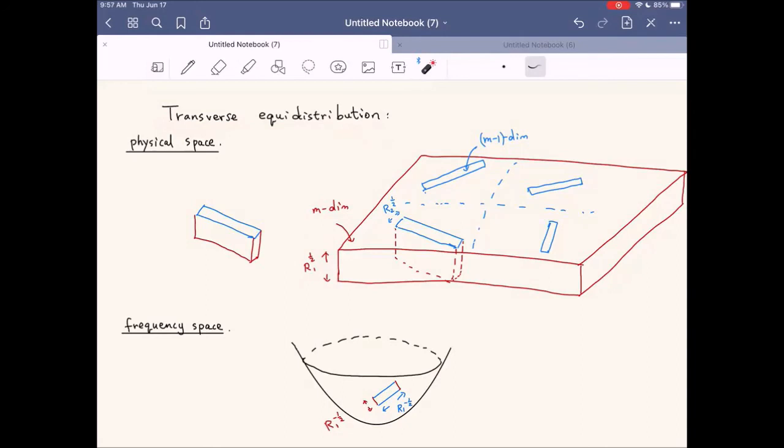We will need it when we try to combine estimates that are tangential at different scales. So for example, if our function here is tangential to an m-dimensional algebraic variety, let's, for simplicity, just view this algebraic variety as an m-plane.